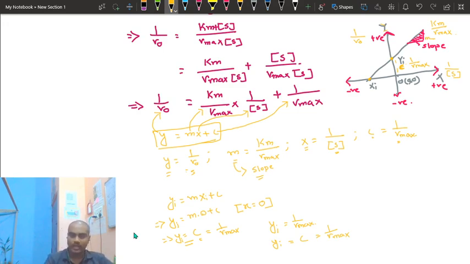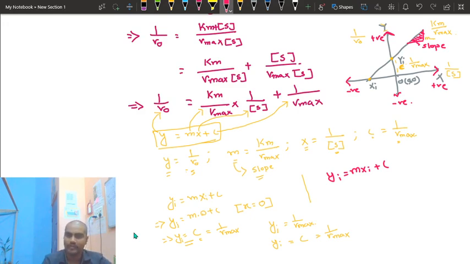Now we have to find out the value of the x-axis intercept. Again, we'll have to use the same formula. I already mentioned that to find out the value of any intercept, you have to consider that the other intercept value will be 0. Now here I have to find out the value of the x-axis intercept.